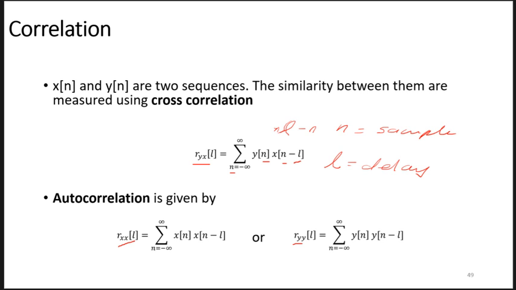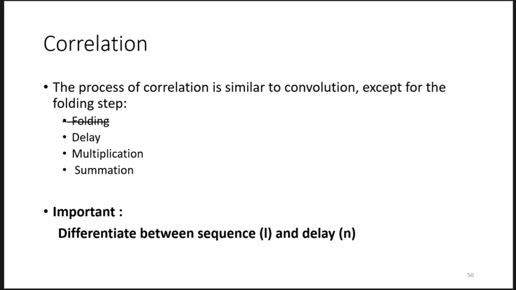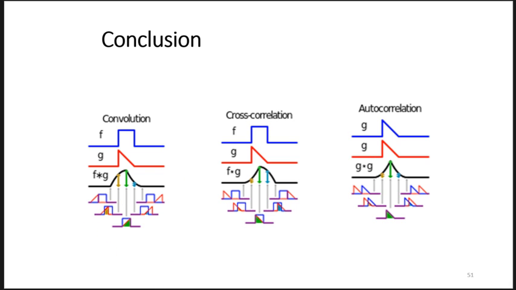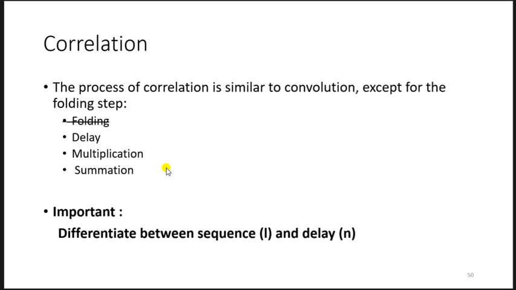So terbalik dengan yang ini, terbalik. So L minus n kalau yang convolution tadi, dekat sini you don't have this problem. So the operation for correlation sama macam convolution, cuma dia tak ada folding. Okay, there is no folding in this particular for correlation. Okay, so dia punya steps are similar, the same actually, but tak ada folding.